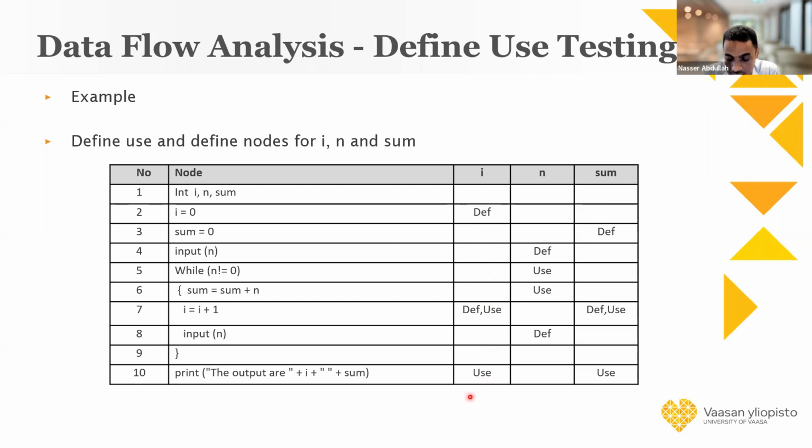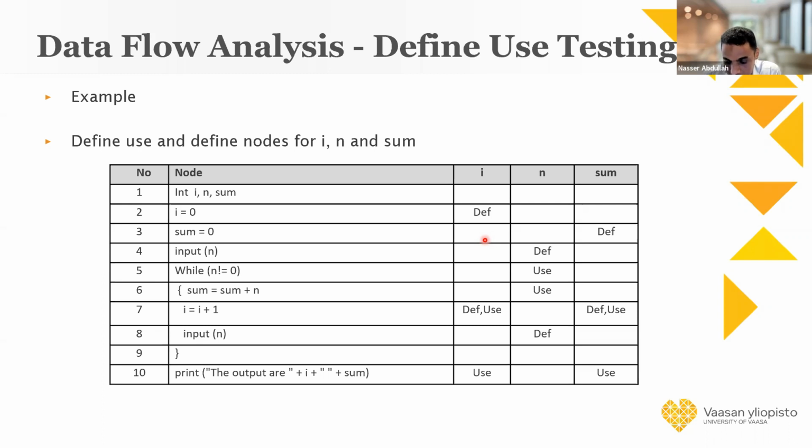So we can fix this problem. Sometimes we have define and then define again, which is a double define. So this is also a defect. That means there is an unnecessary statement if there are two defines. So this is a type of defect that can be detected by these methods.